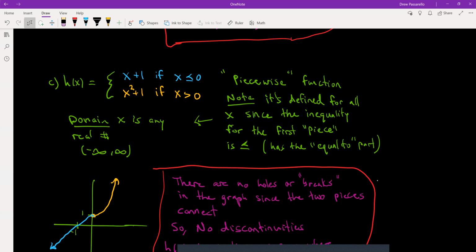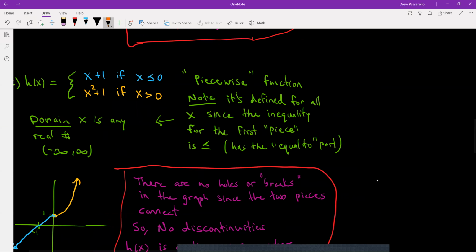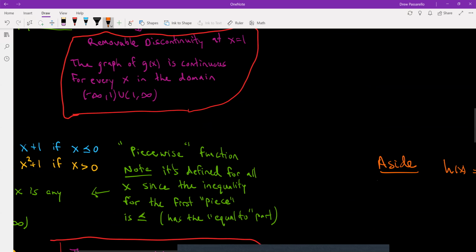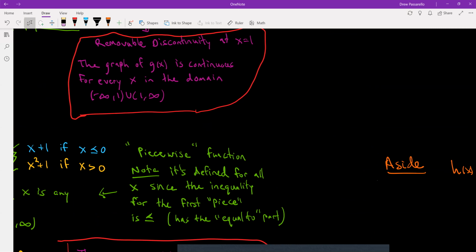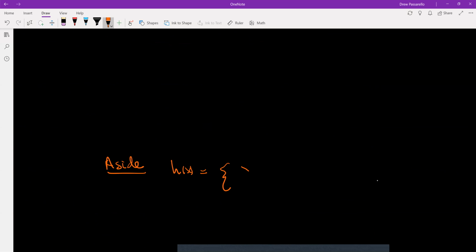Let me make a comment, so this will be an aside. If I had h of x, instead of x plus 1 for x less than or equal to 0, it said x less than 0, and then we still have the same thing, x squared plus 1 if x is greater than 0.